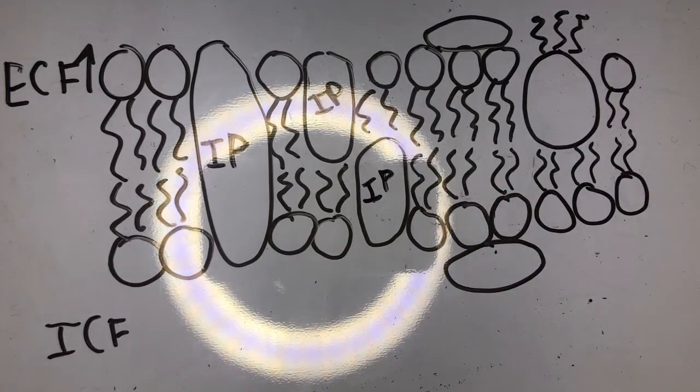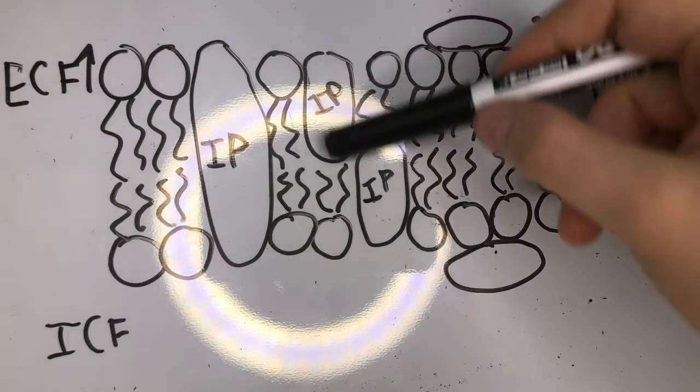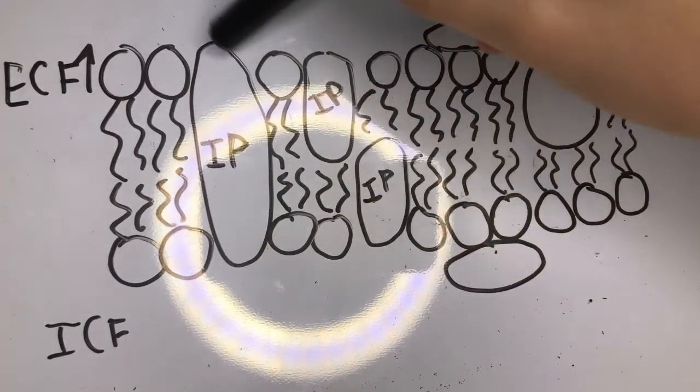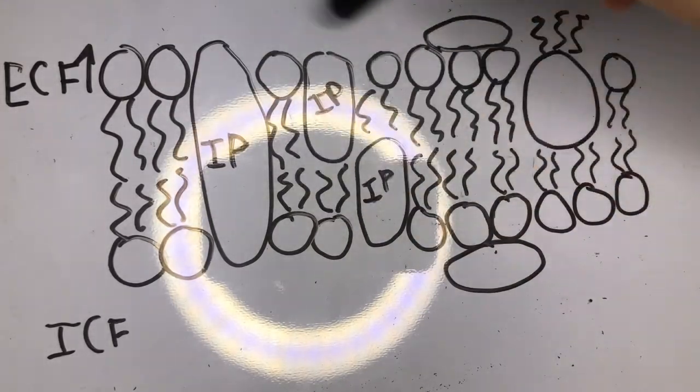So basically what an IP is, is an intrinsic protein. This is a membrane protein that extends into or passes through the membrane. So intrinsic means inside. So this protein is going to have to pass through the membrane, whether it's just going through half of it, going through the whole thing, or it's going through a part of it.